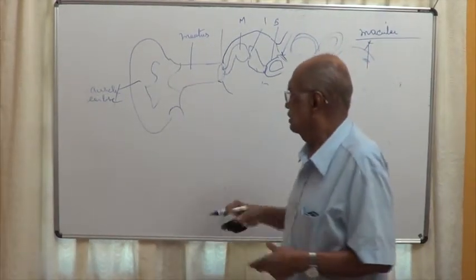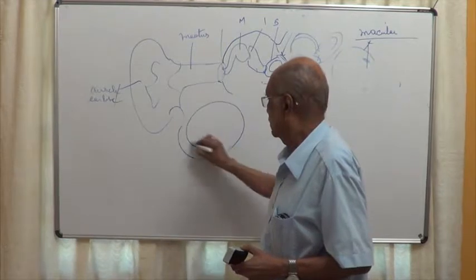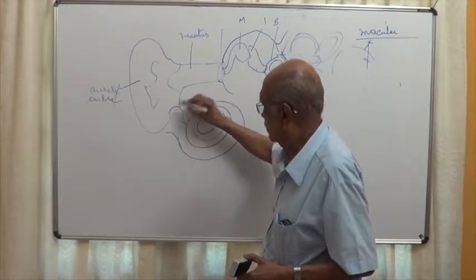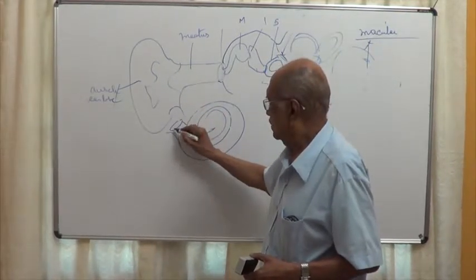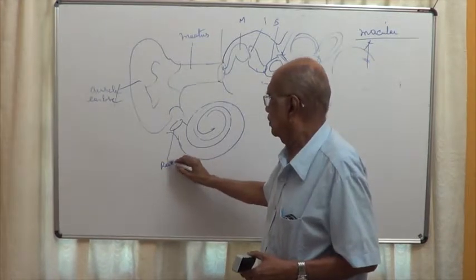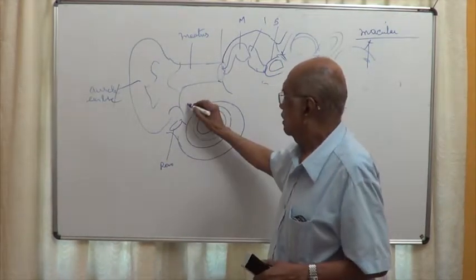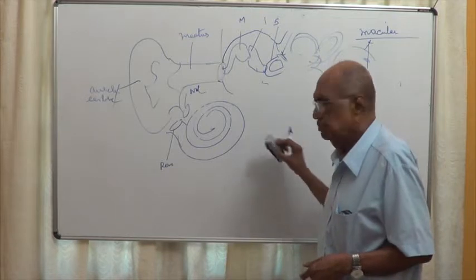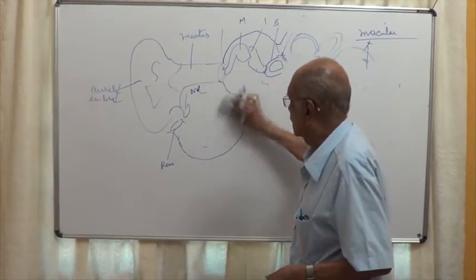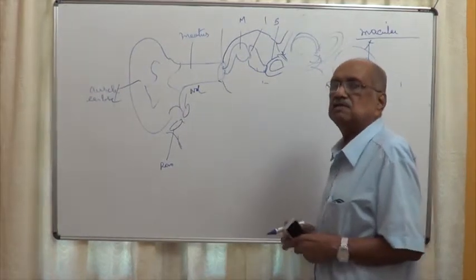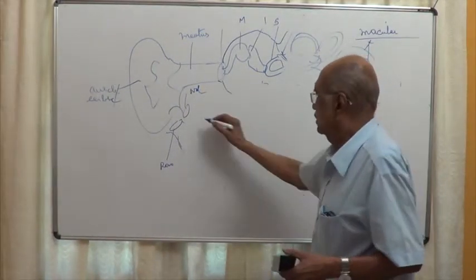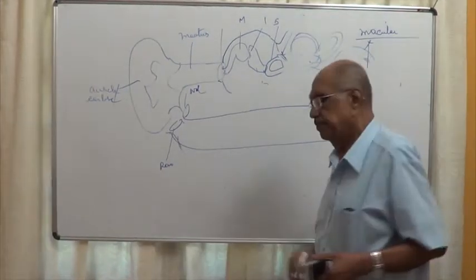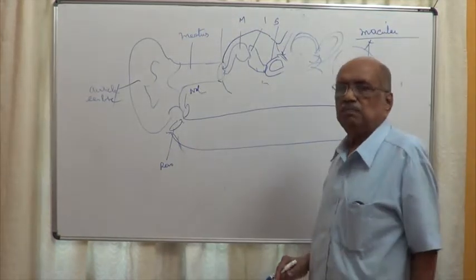Cochlea is coiled, isn't it? This is the round window, oval window. Shall we straighten this up? Unless we straighten it up, as I said earlier, unless we take a TS of that, straight tube.